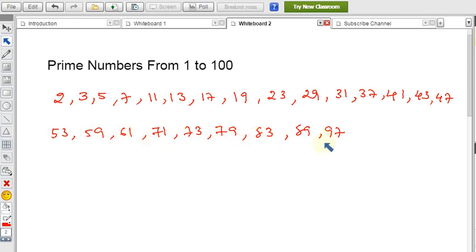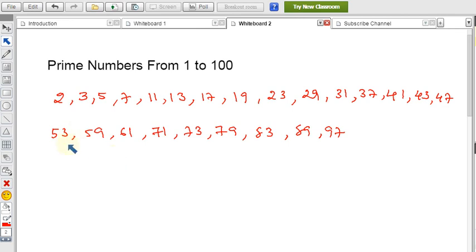And if you count the total, 1, 2, 3, 4, 5, 6, 7, 8, 9, 10, 11, 12, 13, 14, 15. So there are 15 prime numbers between 1 to 50. Again, 1 to 50 has 15, and 1 to 100 has 25.